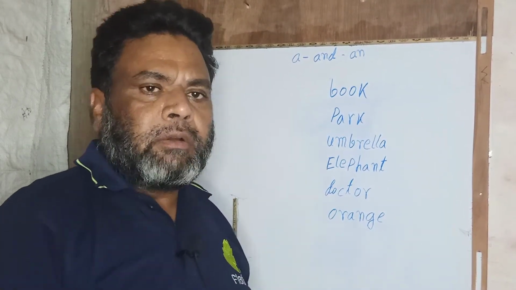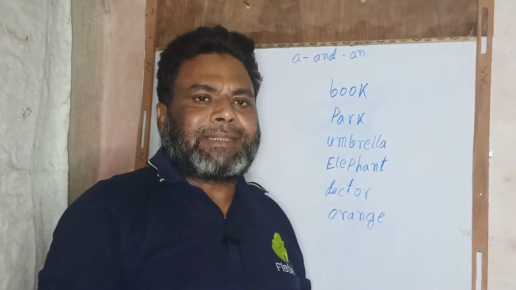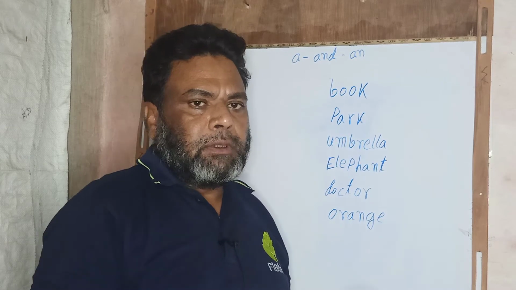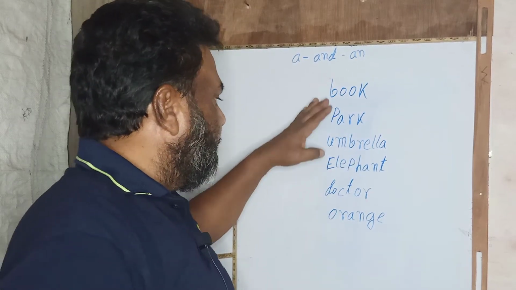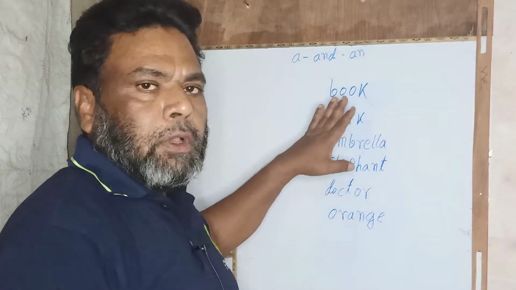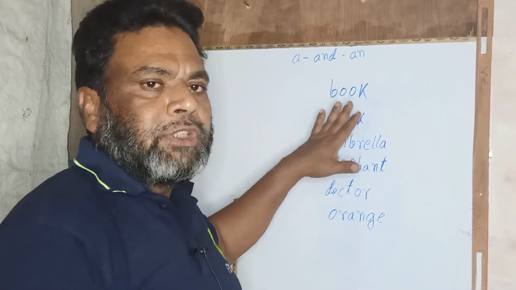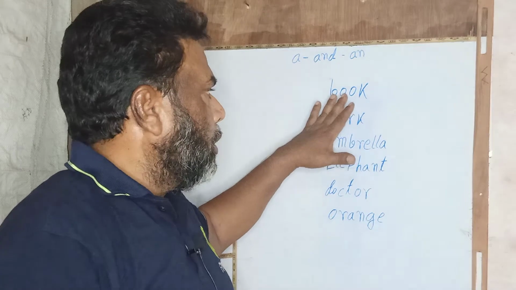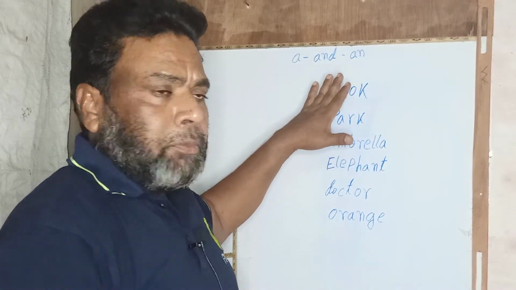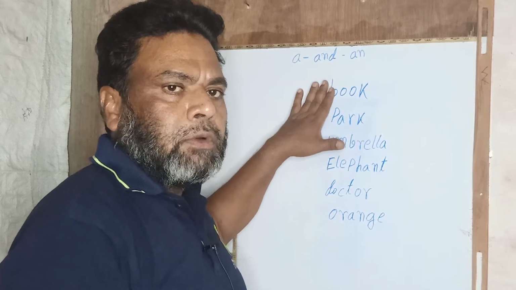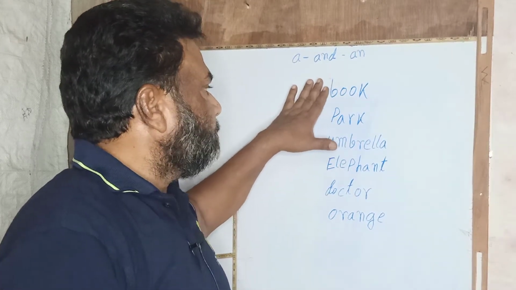What is a noun? A noun is the name of a place, person, animal, or thing. So here all are nouns, and in front of them we use a or an.